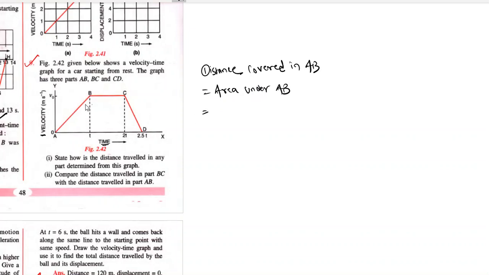So under AB, if I see the area, it is a right angle triangle. So that is half into base into height.